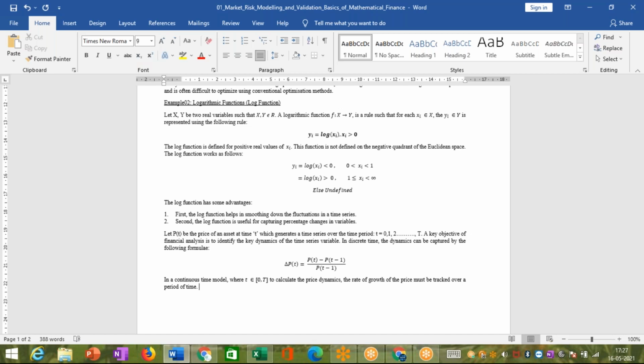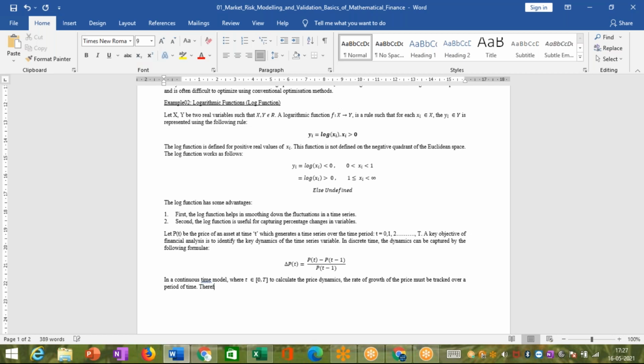So in such a case, it does not really become possible for us to calculate the price dynamics using the delta pt formula that I have given above. So in that particular case, I need to define my target variable of price in a manner such that the growth rate over time can easily be captured, right? So to calculate the price dynamics, the rate of growth of the price must be tracked over a period of time.